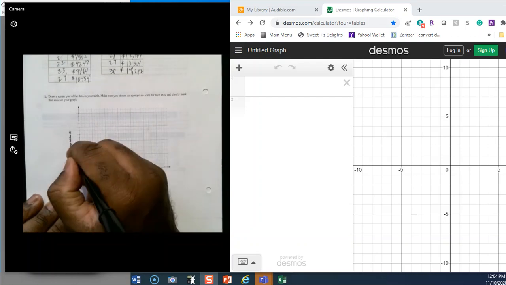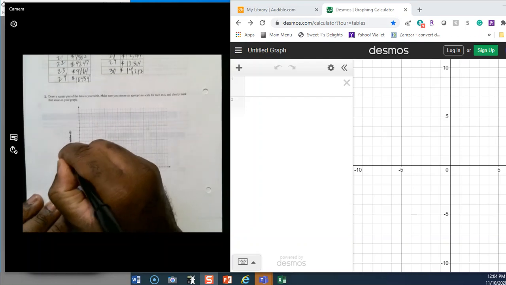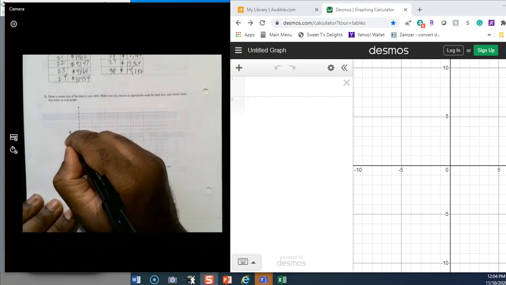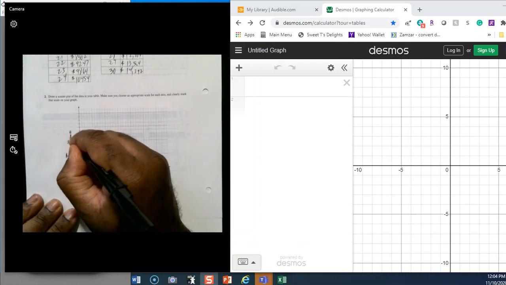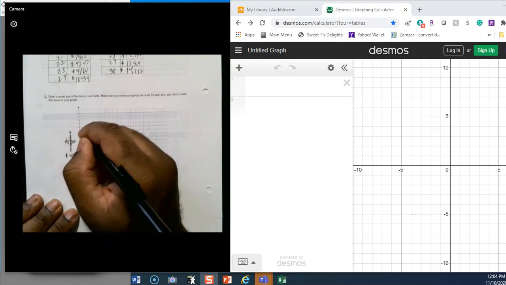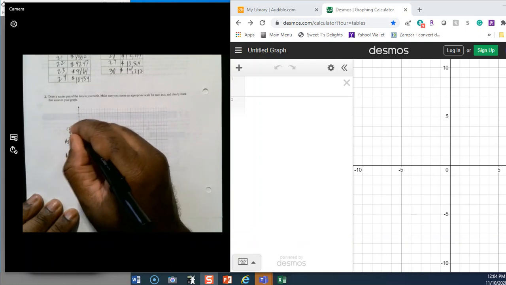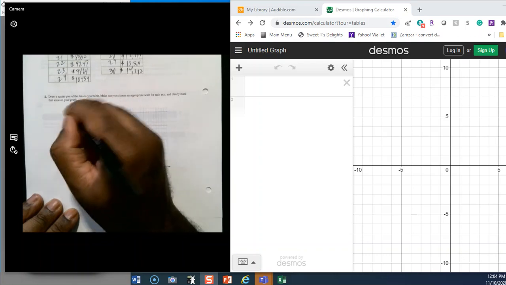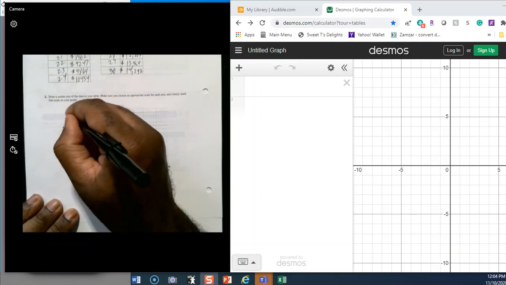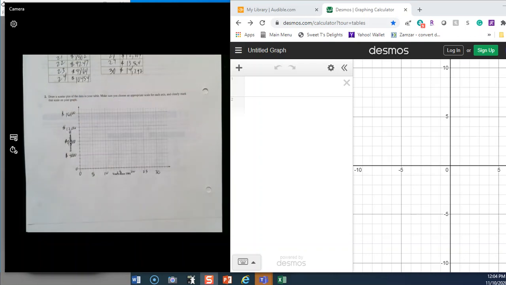So this right here would be $4,000. This would be $8,000. This would be $12,000. This would be $16,000. So now we have all of these marked.